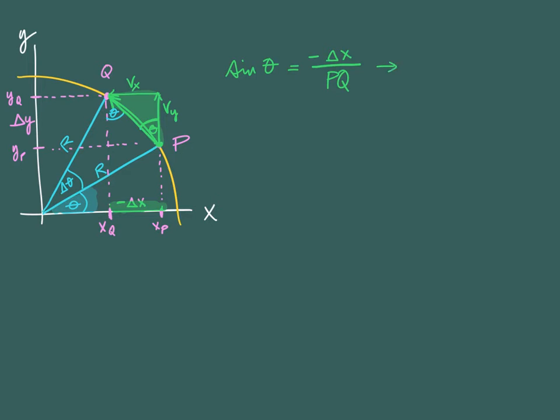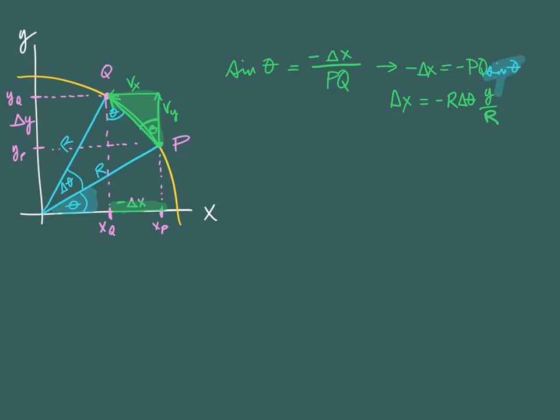And so this would mean that negative delta x would be minus PQ sine theta, which means delta x would equal minus, and I'm just going to write this and then we'll show it, r delta theta.